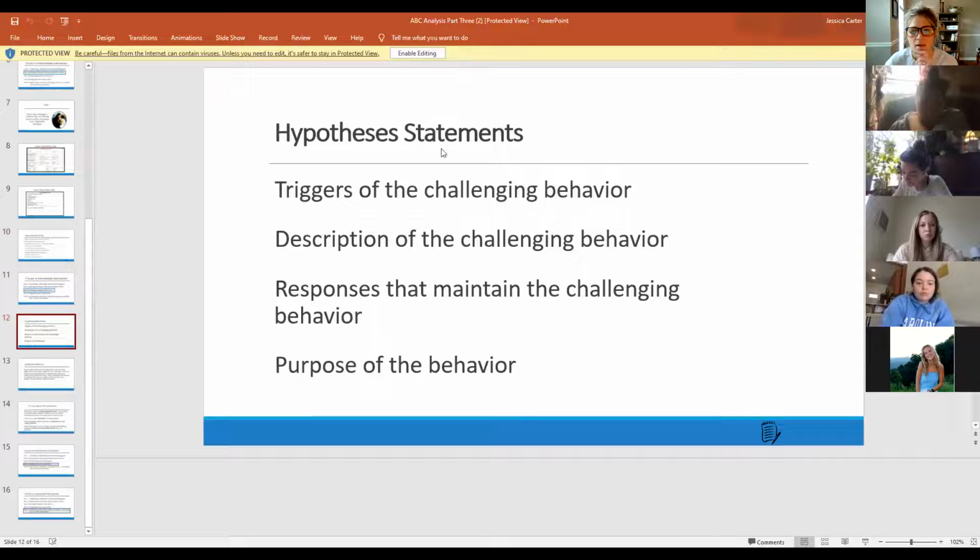And out of this, you will develop hypotheses statements. So you're going to be trying to identify potential triggers for the behavior. We want to clearly define and describe what is the challenging behavior, what's the purpose of the behavior, and then how might we respond to the behavior. That's all encompassed in the idea of hypothesis statements.